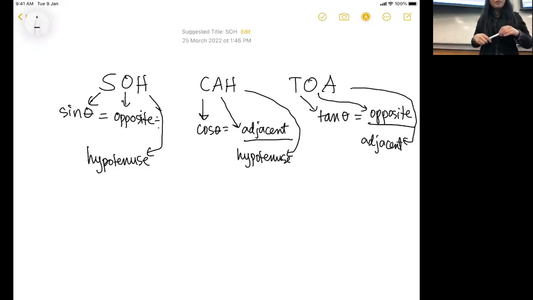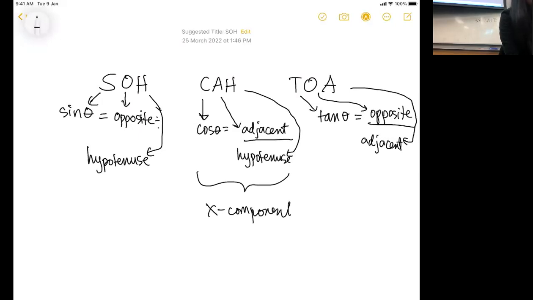Now, to remember whether it's a sine or a cosine to find the x component, I think we don't have a mnemonic for that, but as long as the angle is measured relative to the horizontal, it will always be cosine theta for the x component. I don't have a mnemonic for cosine being the x component because I think of it as SOHCAHTOA.